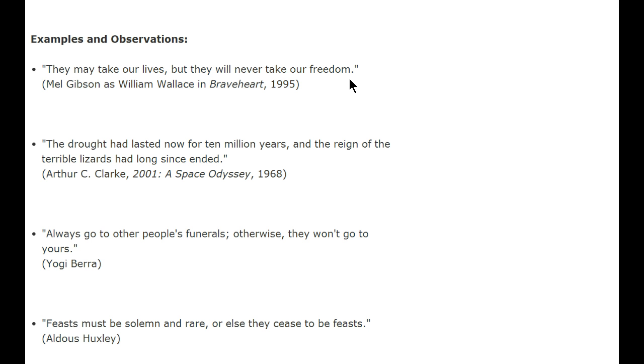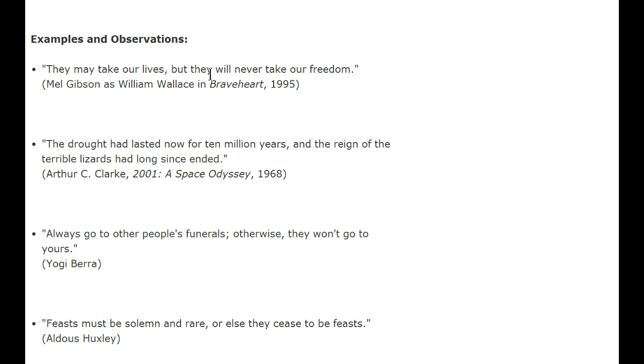Another important thing about compound sentences is that the two sentences have to balance. They have to be referring to the same things. You can't say they may take our lives, but the dogs are very happy. That doesn't fit. It doesn't refer back to the other one.